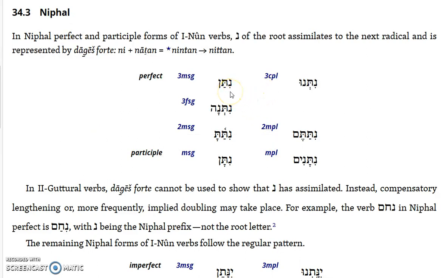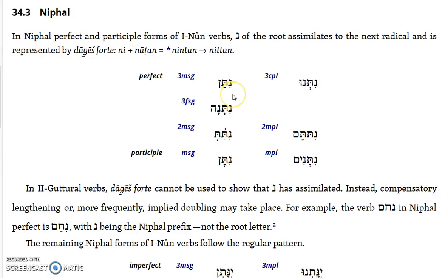So if you have a niphal perfect of natan, to give, you want to say "he or it was given," it would be theoretically nintan, but then the nun assimilates into the tav, and you end up with nittan.